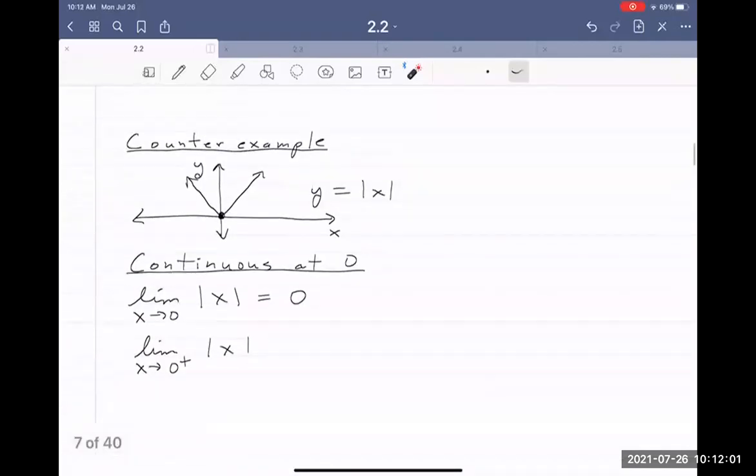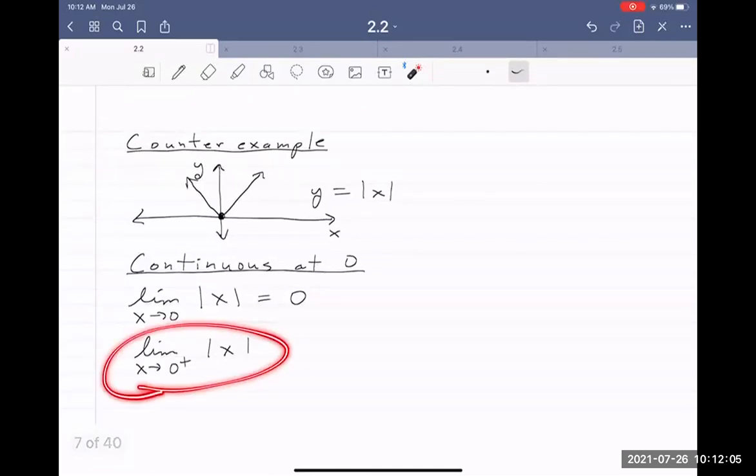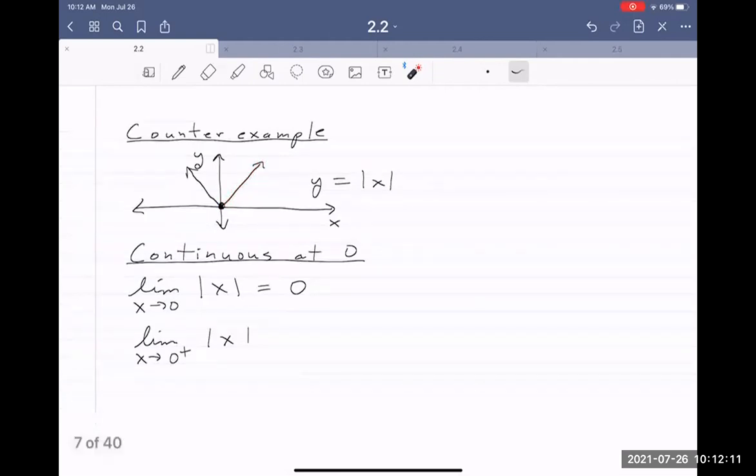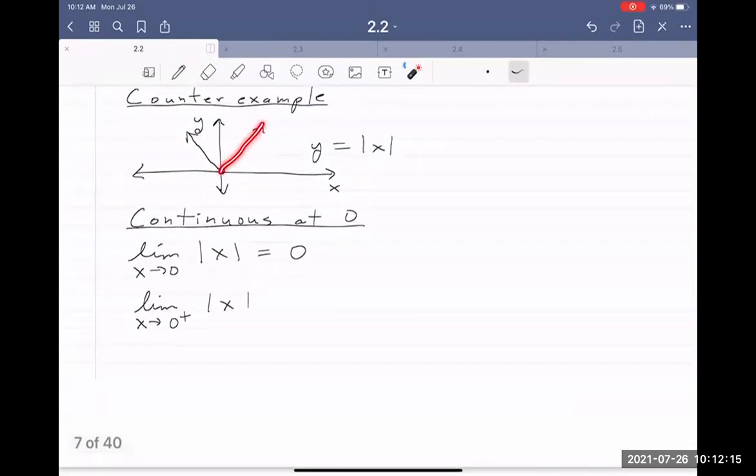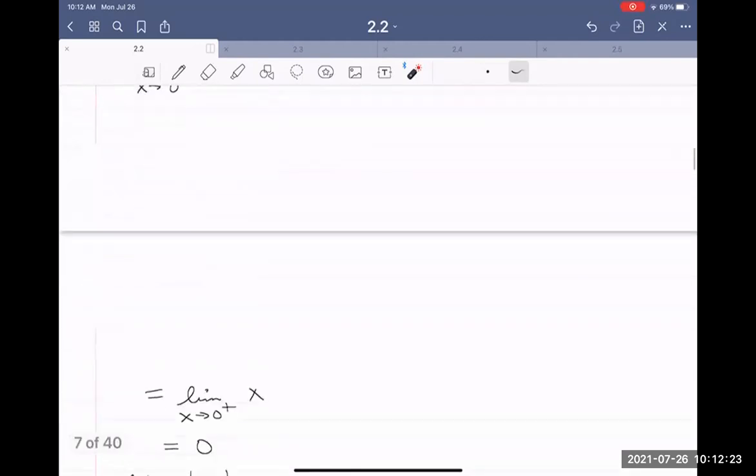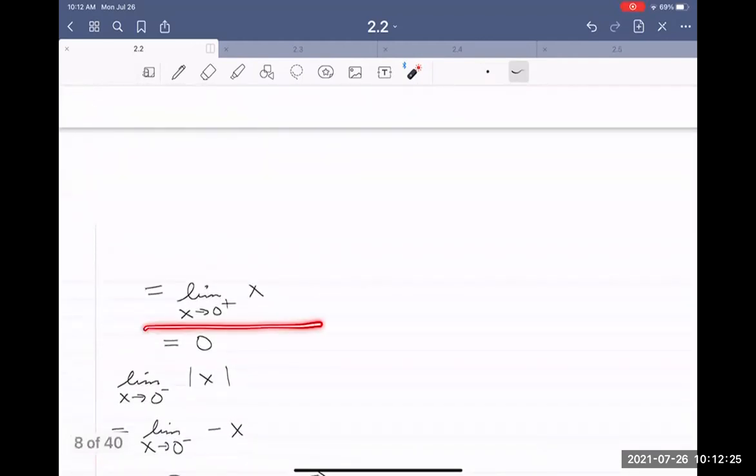If I look at, not that you really needed to, the limit as x approaches 0 from the right side, the absolute value of x is just x, so the limit is 0.